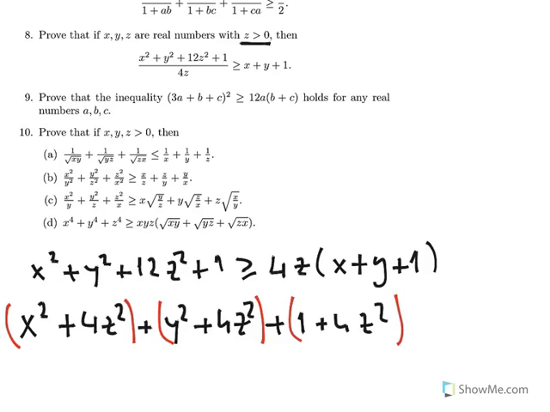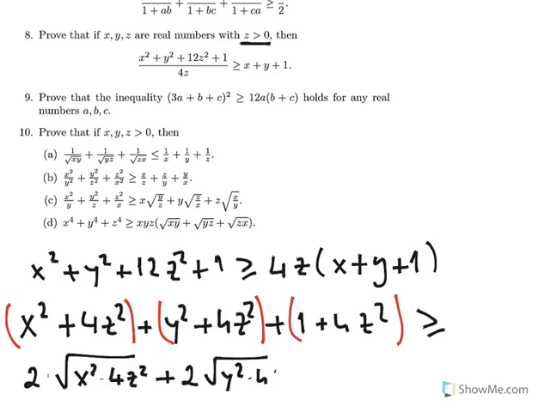and if we apply the AM-GM inequality here, the first one, x squared plus 4z squared, is greater than or equal to 2 times the square root of x squared times 4z squared, and the second one is greater than or equal to 2 times the square root of y squared times 4z squared, plus the third one is greater than or equal to 2 times the square root of 1 times 4z squared.